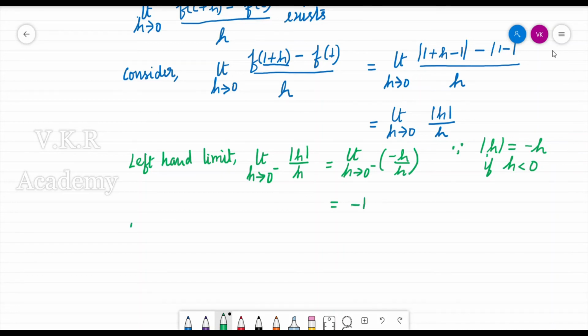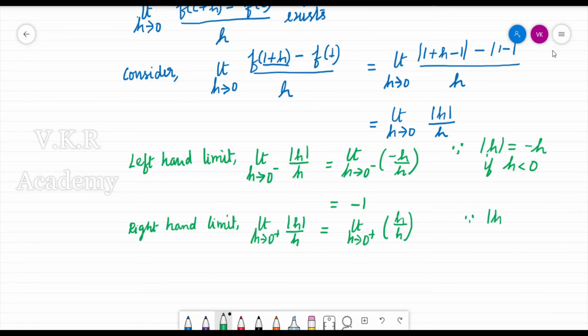Whereas the right hand limit, h tends to 0 plus mod h by h is equal to limit h tends to 0 plus h by h, since mod h is equal to h if h is positive.